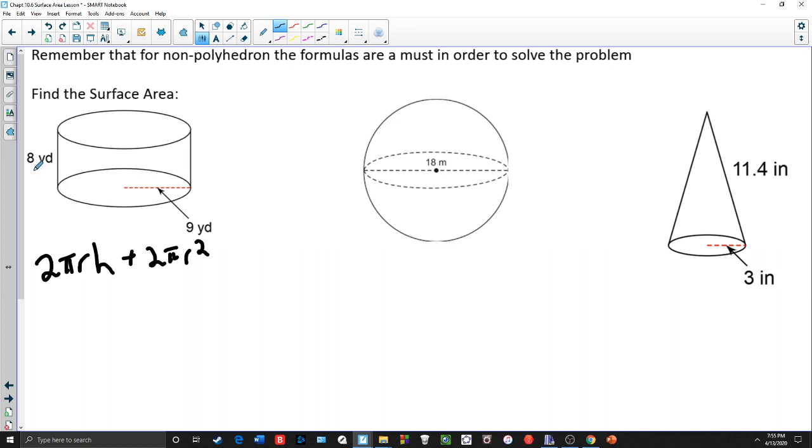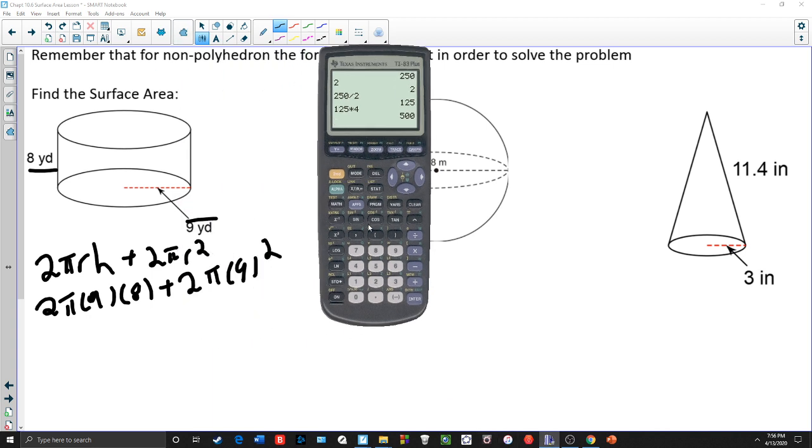So in this case, my height is 8, my r is 9, so just go ahead and plug them in. So 2 pi r, which is 9, times h, which is 8, plus 2 pi and then r squared, which would be 9 squared. So in my calculator, I'm just going to go ahead and do that.